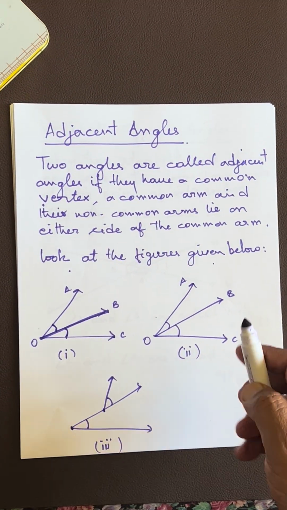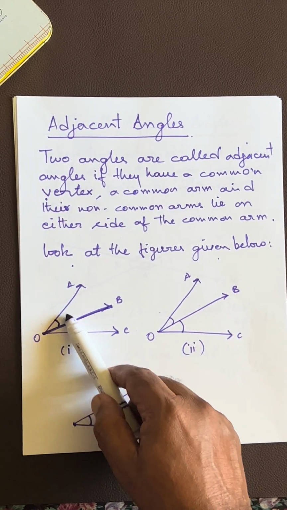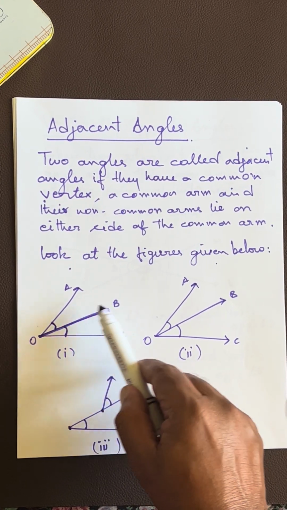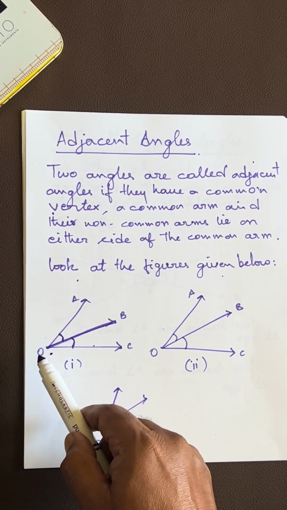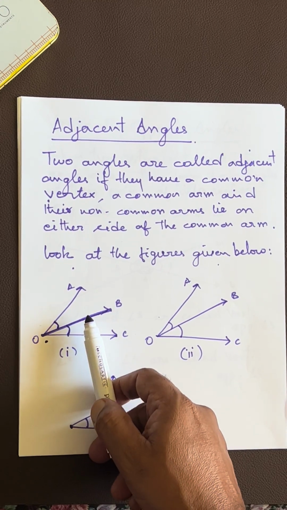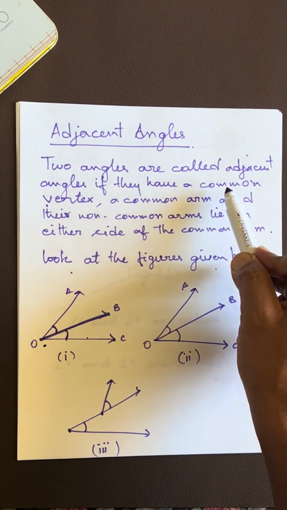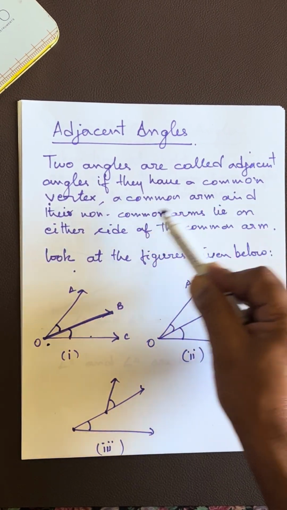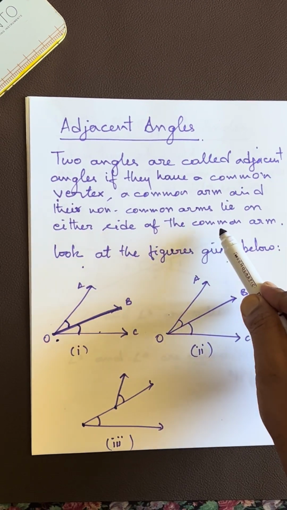Next is adjacent angles. You see this diagram, there are two angles which are drawn side by side with a common arm, and these two angles also have a common point, and that common point is called the vertex. So two angles are called adjacent angles if they have a common vertex, a common arm, and their non-common arms lie on either side of the common arm.